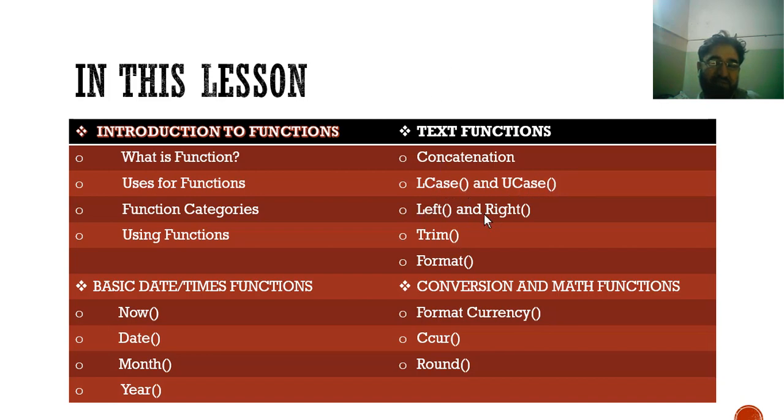The lowercase function, the uppercase function, left function, right function, trim function, format function, conversion and math functions. We did a currency function, we did a format currency function, and we did not do the round function, but we'll do it in the next lesson, the round function.